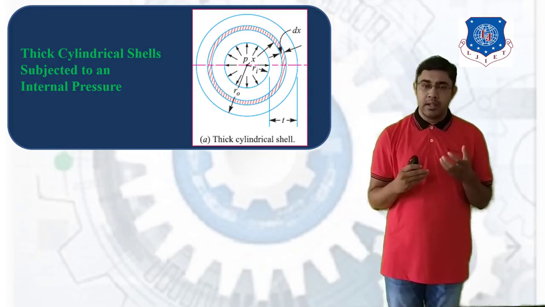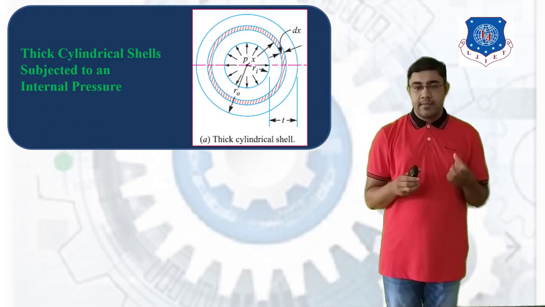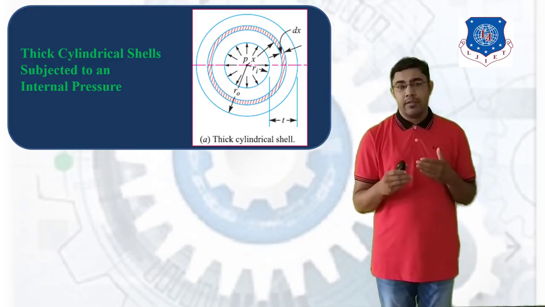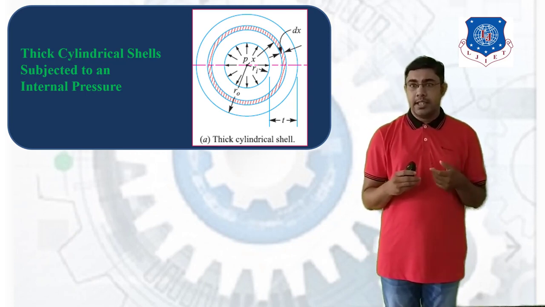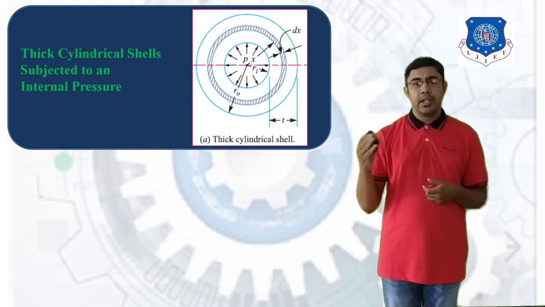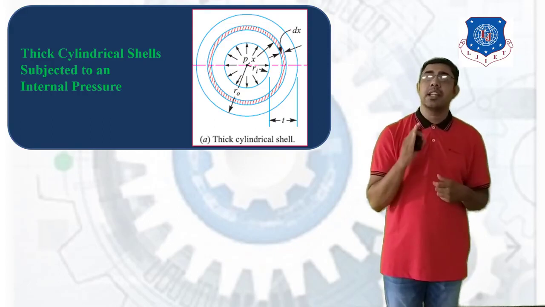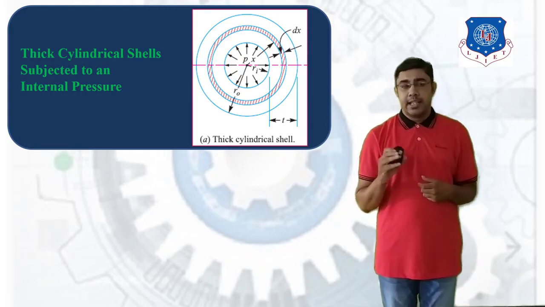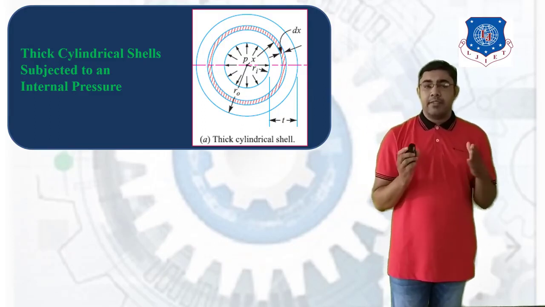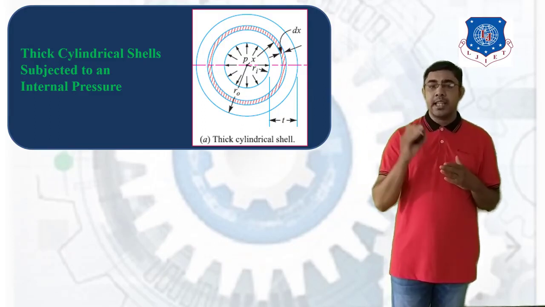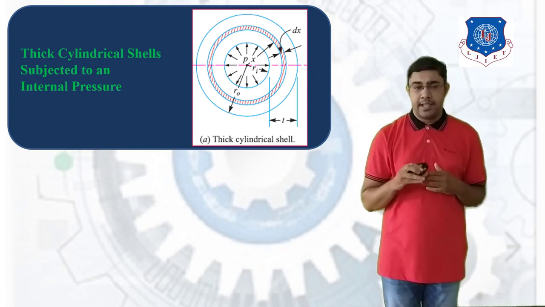Ri is the internal radius of the cylindrical shell and Ro is the outer radius, and t is the thickness of the cylindrical shell. One cross section of thickness dx is taken at radius x.